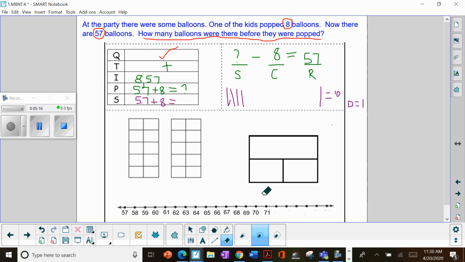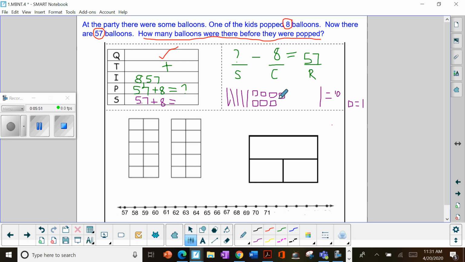Okay, so now we have 40 there. One more for 50. I was thinking about my 7 ones. And then I'm going to change to 1. So 1, 2, 3, 4, 5, 6, 7.